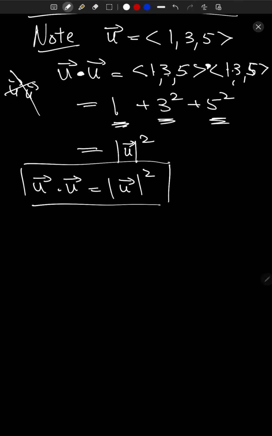In the extra credit problem, you're going to try to define the dot product between two functions. Once you've defined the dot product between two functions, you can define the length of a function using this expression right here. If I have a definition for the left-hand side, then automatically I have a definition for the right-hand side.